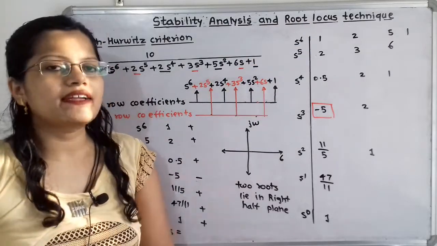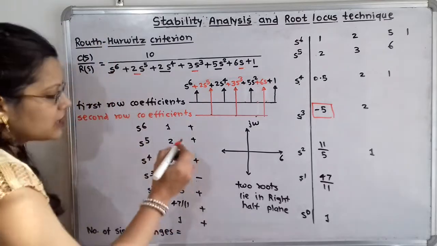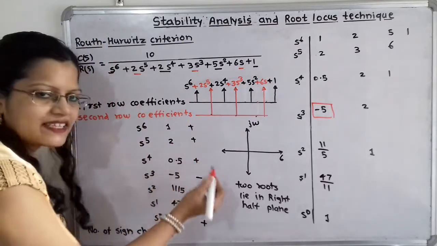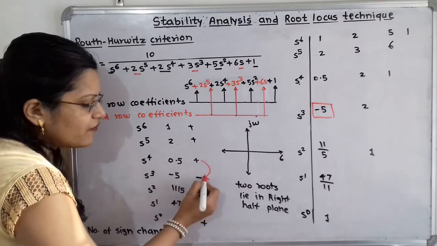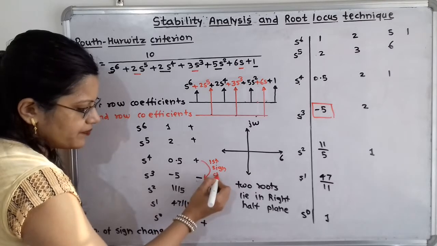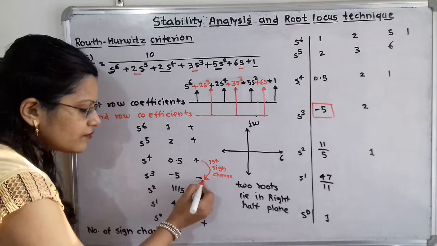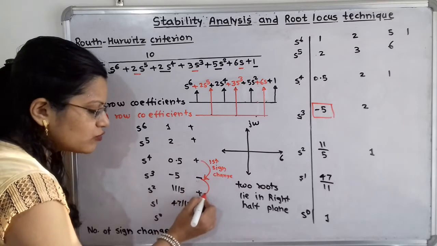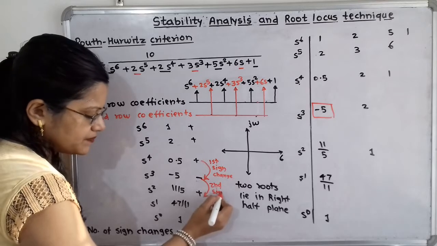Now we have to find the number of sign changes. The sign changes from positive to negative, so this is the first sign change. Again, the sign changes from negative to positive, that is the second sign change.